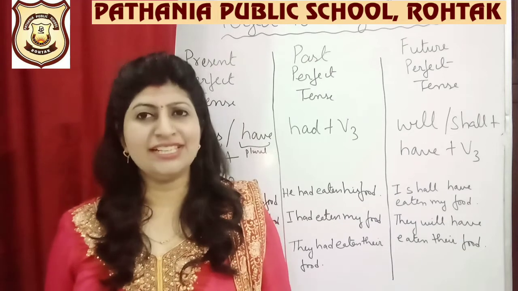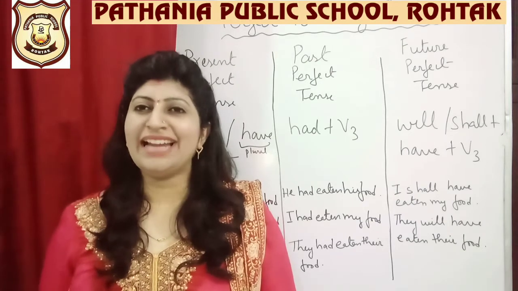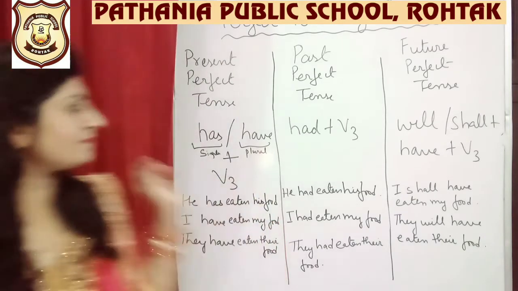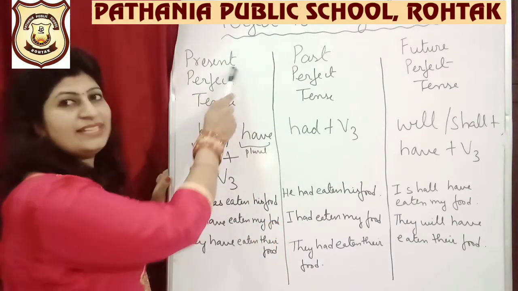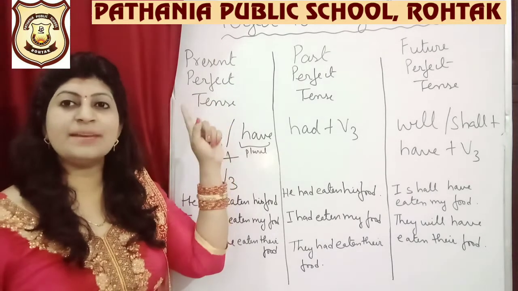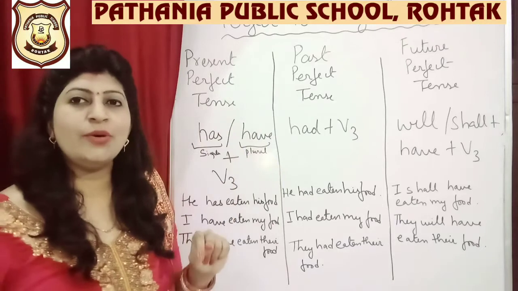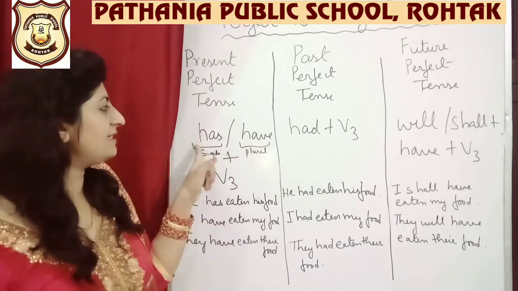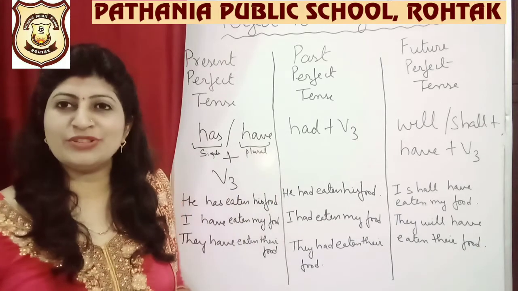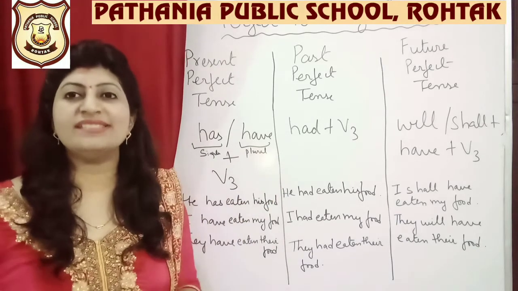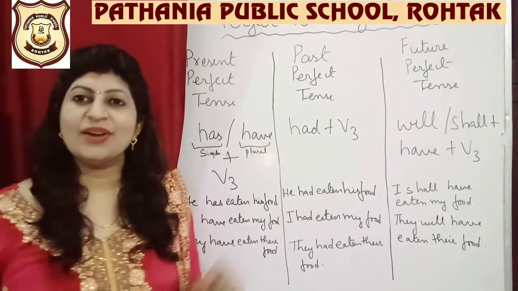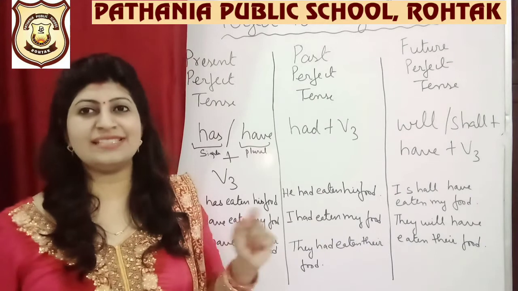Now what is additional that you need to remember? Additional is a single word, not that difficult to remember. Here in present tense, whenever we are discussing perfect form, you are going to use either has or have. When are you going to use has? When your subject is singular. When are you going to use have? When your subject is plural.